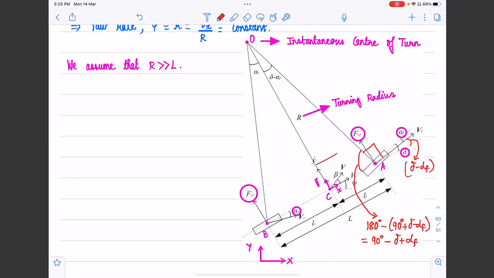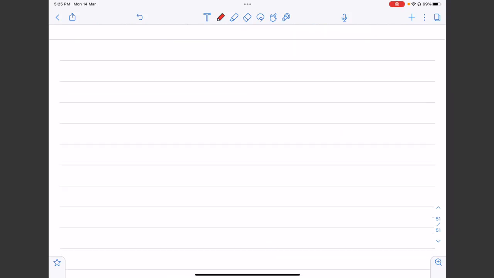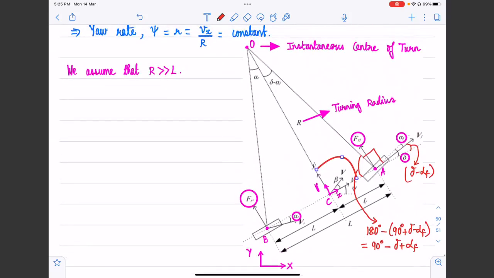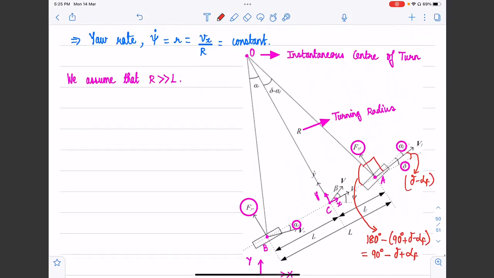And this angle OCA is a right angle. So consequently, how do I get this delta minus alpha F here? It's once again by looking at the triangle OAC, the sum of the three angles should be 180.